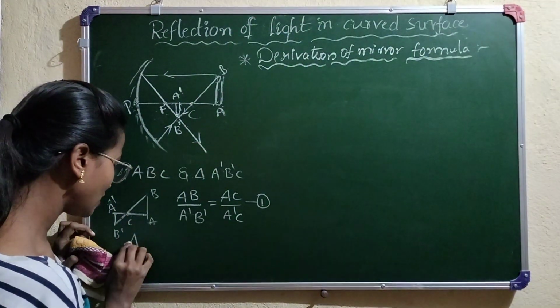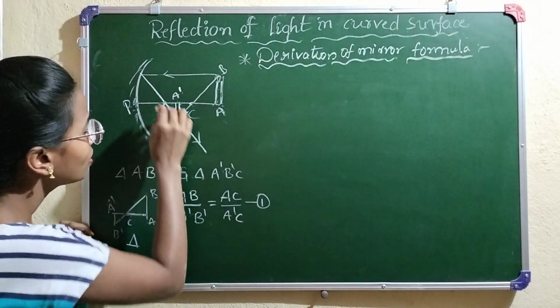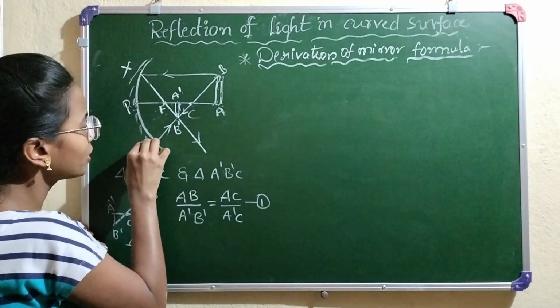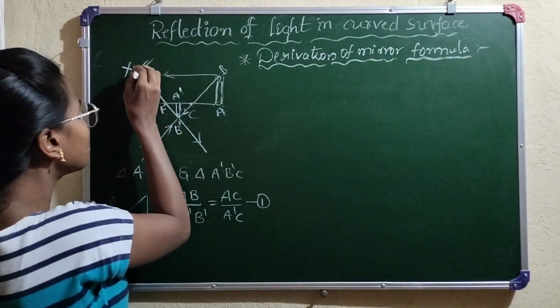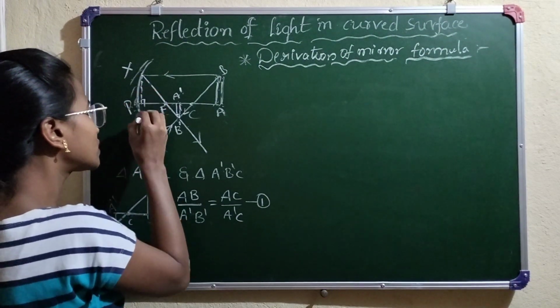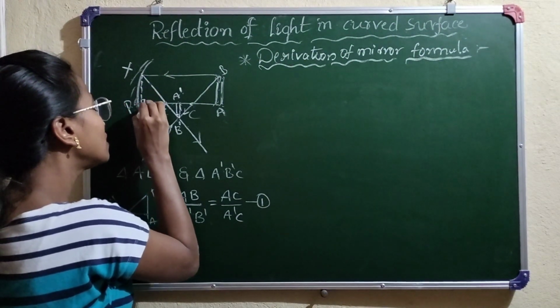Next, here I am taking a point as X, and here I am taking a point as Y. From this X I am projecting a perpendicular line. This point I am taking as P dash.